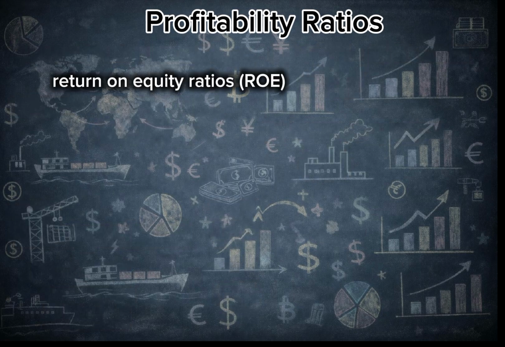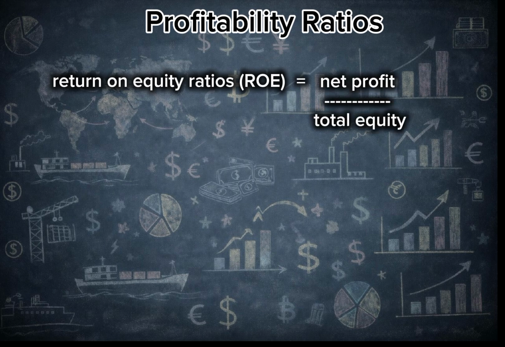Now, let's discuss other profitability ratios. Let's discuss the return on equity ratio. Shareholders are more interested in this ratio. Return on equity shows the unit of net profit generated over the total equity. By total equity, I mean the capital contributed by the owners and their retained earnings. That is the part of the profit they reinvested into the business.